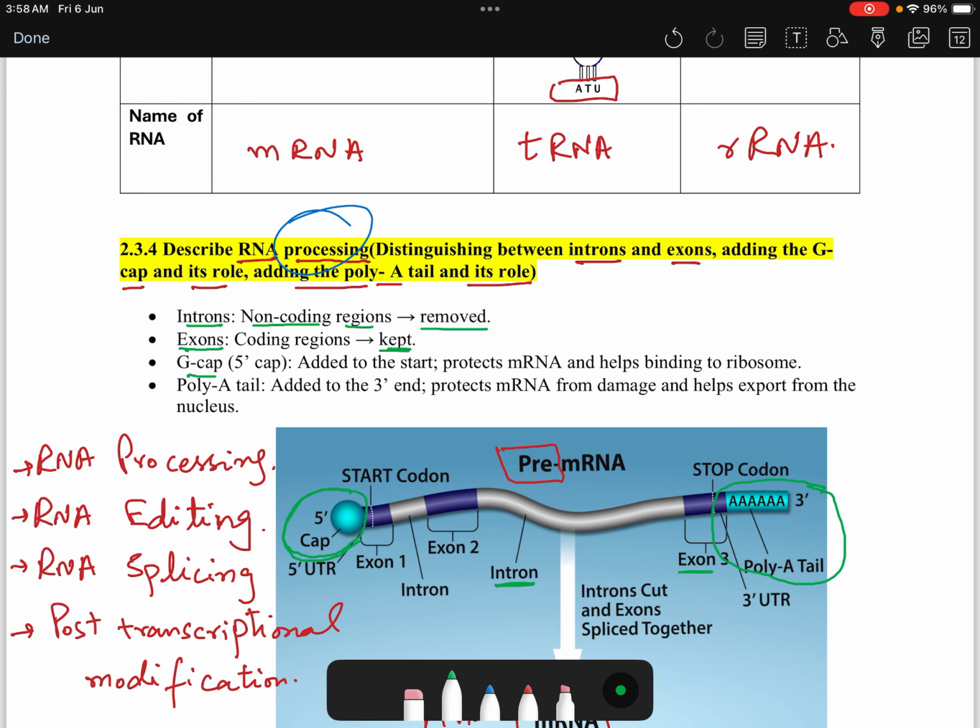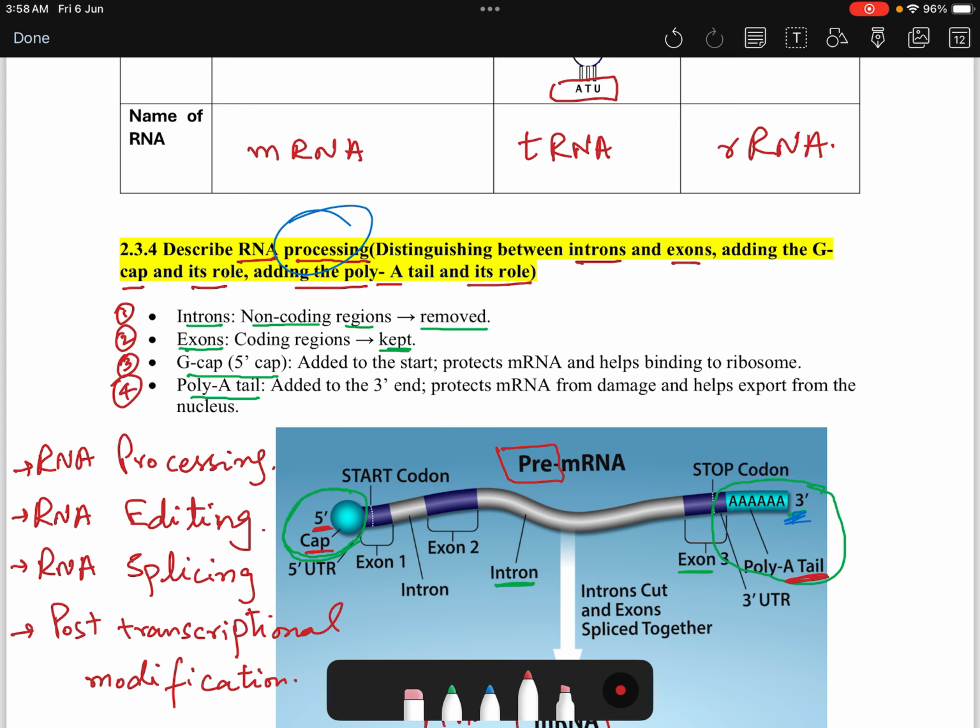And you get a G cap, and you get a poly A tail on the 3 prime. On the 3 prime you get a tail, and on the 5 prime you get a cap, that is a G cap. Okay, so these are the 4 modifications that happen during RNA processing.